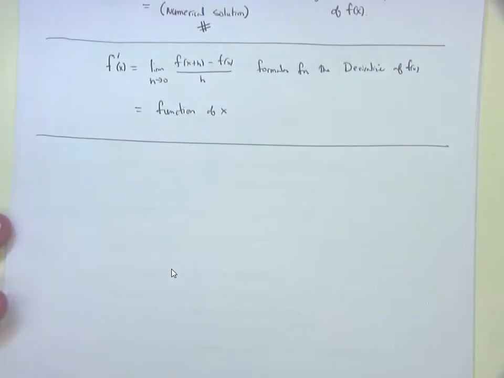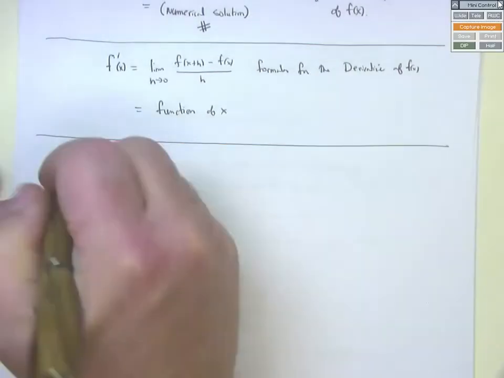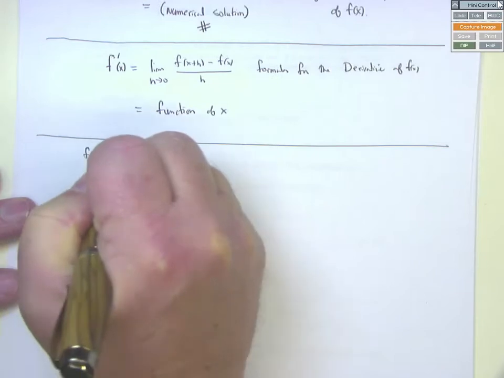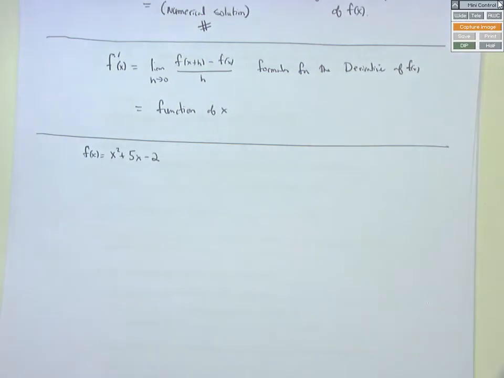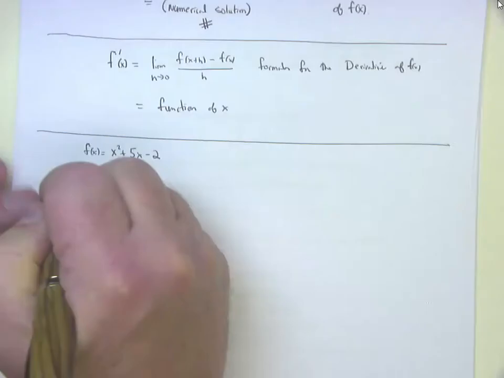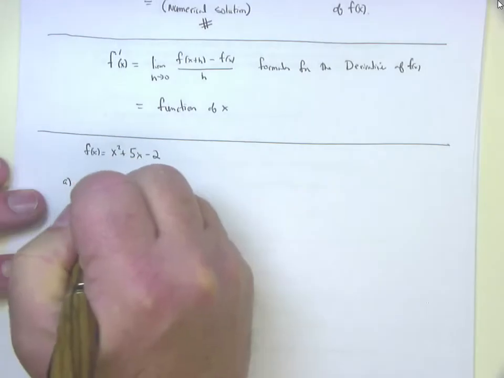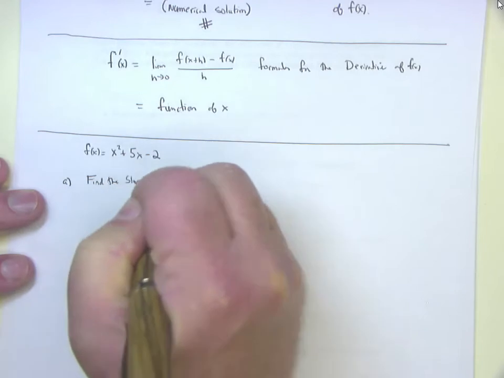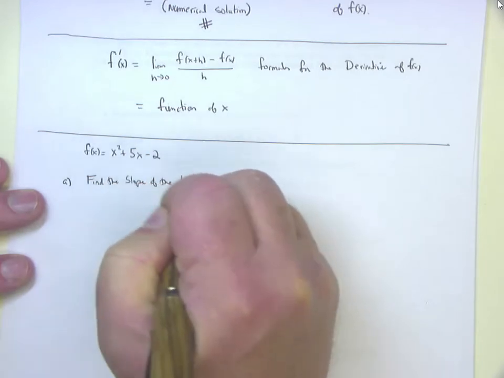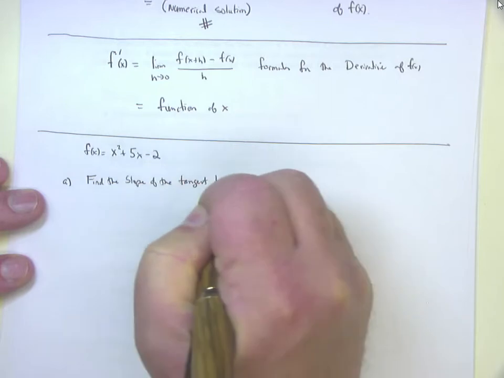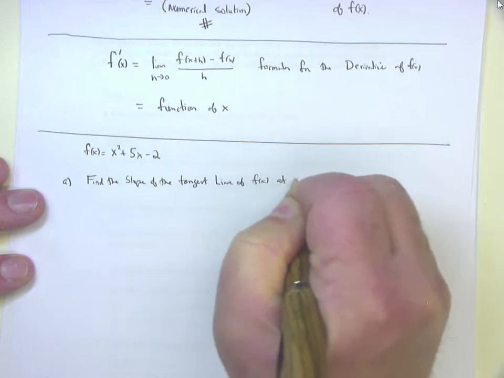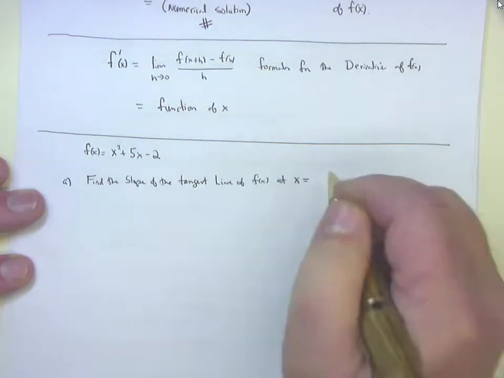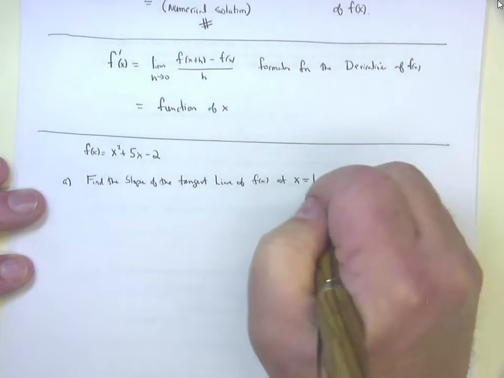For this first example, I'm going to give you a function: f of x is equal to x squared plus 5x minus 2. There's a nice function. Question A: find the slope of the tangent line of f of x at x equals 1.